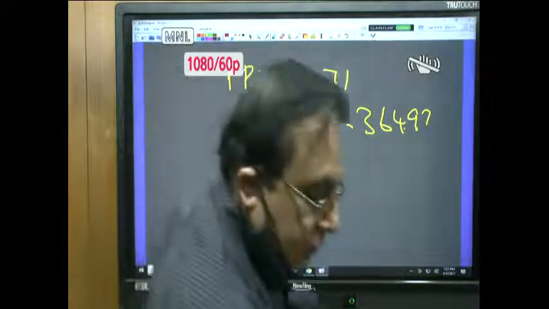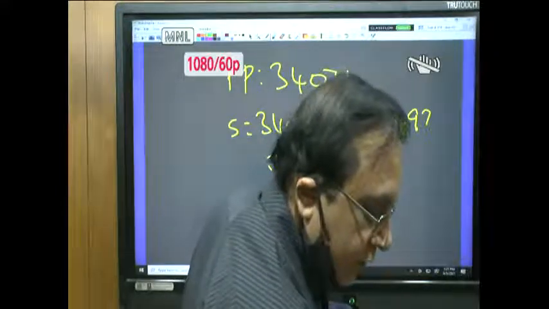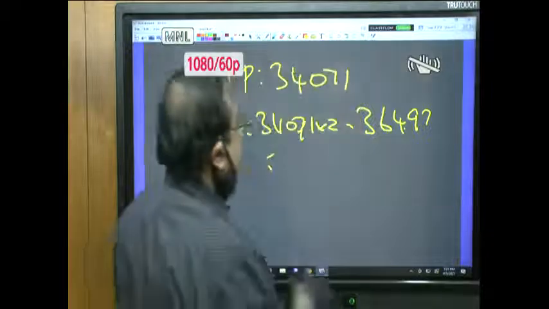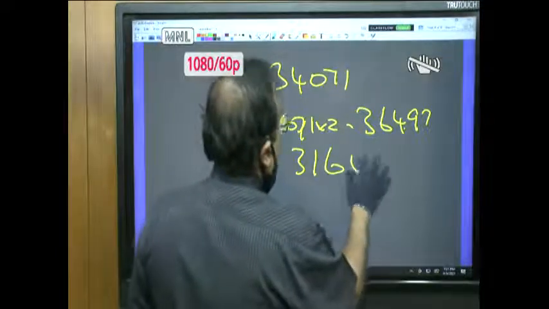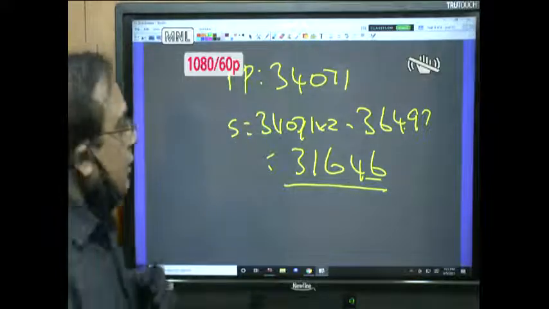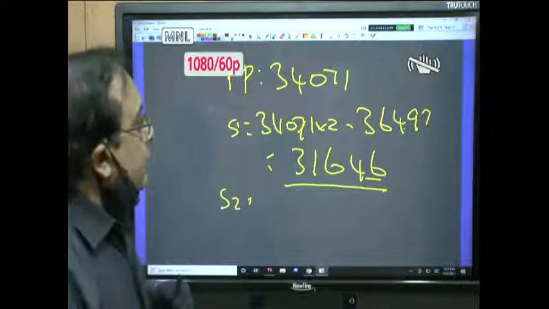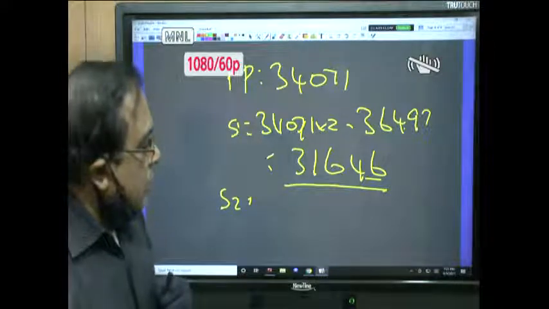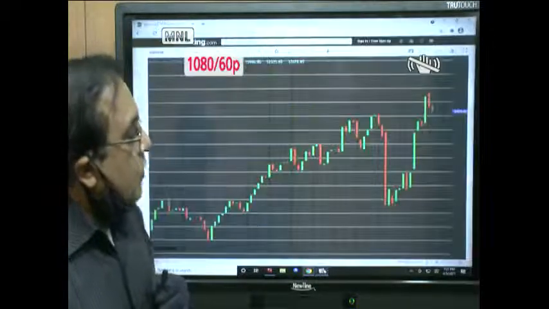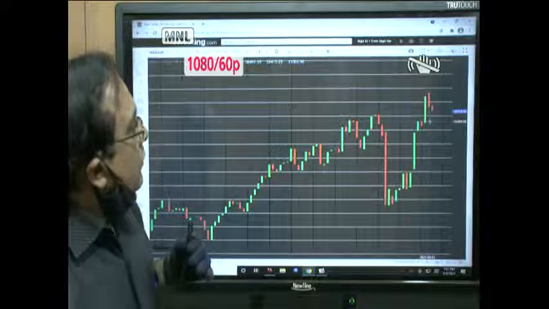So let's look at this: into 2 minus 36,497, 31,646 is the S1. So this is a very likely chance. S2 is even a little lower, and last month the difference from high to low is nearly 4,000 points, right?